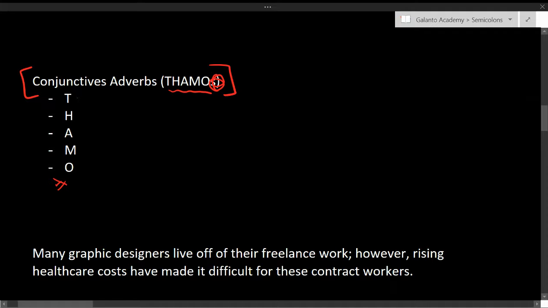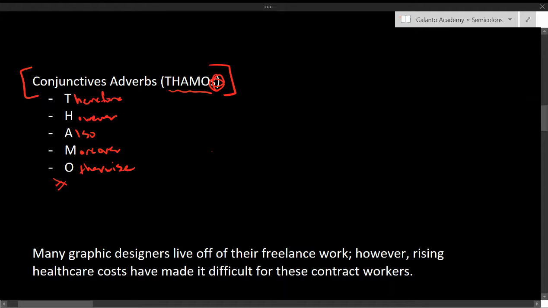This stands for therefore, however, also, moreover, and otherwise. These are not all of the conjunctive adverbs in the world. These are just the ones that, for the most part, are more commonly used.